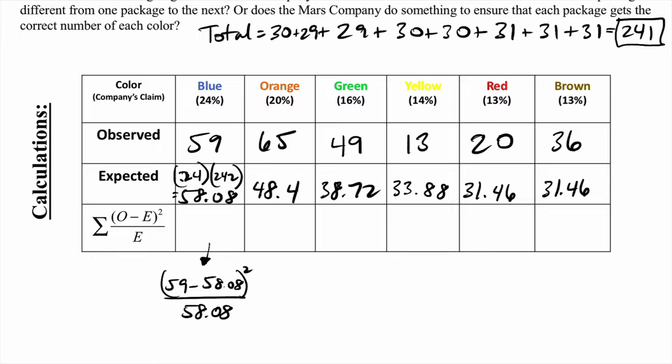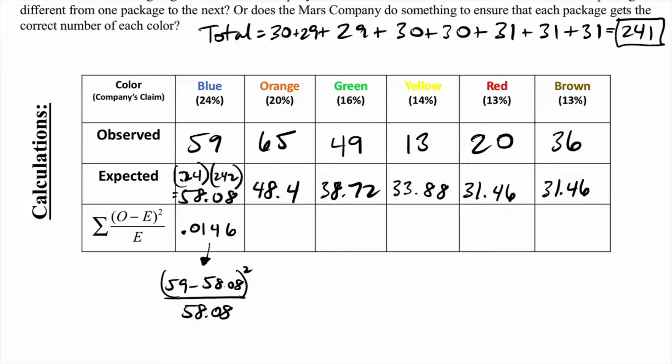So I'm going to go 59 minus 58.08, square that number, divide it by the expected, and you get a tiny decimal. I'll round it to 4 places. I got 0.01457, so I'll round it to 0.0146.